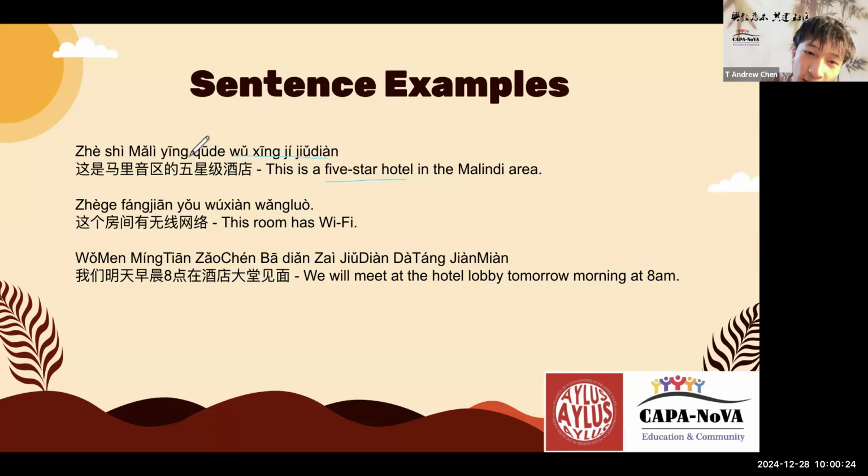So altogether, that would be 这是马里营区的五星级酒店, This is Malindi area's 5-star hotel.